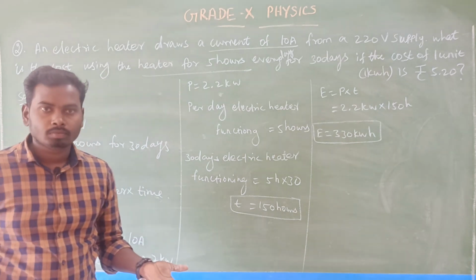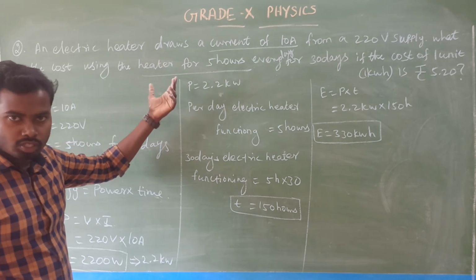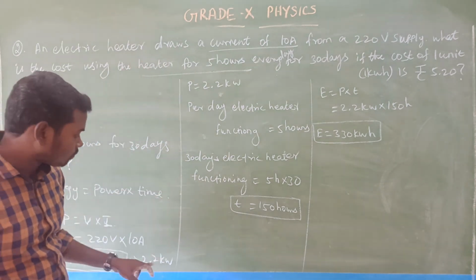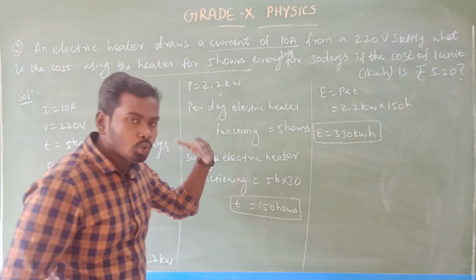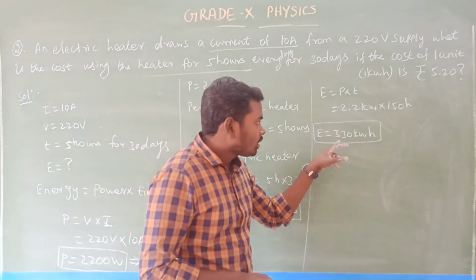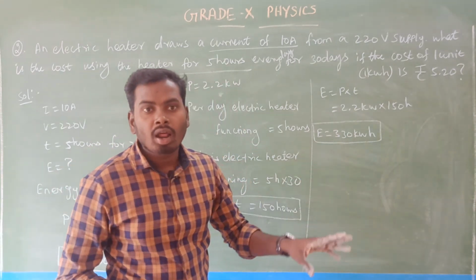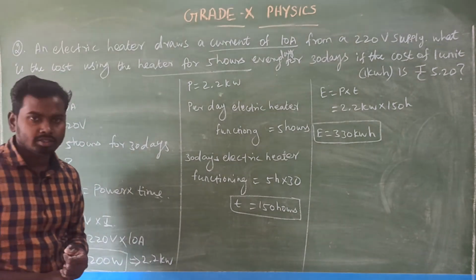That's all. If the electric heater having the power rate of 2.2 kilowatt and it is used for 150 hours, it will consume 330 kilowatt hour electrical energy, isn't it?